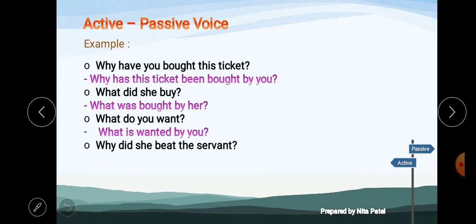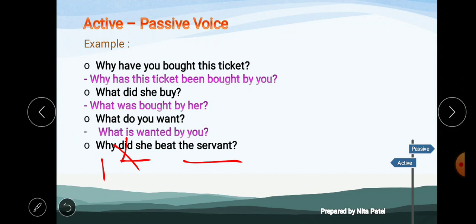Why did she beat the servant? Now again we'll write this WH word as it is. Why? Now the servant, it is the simple past tense, so we don't go with the supporting verb, we'll go with the to be form.